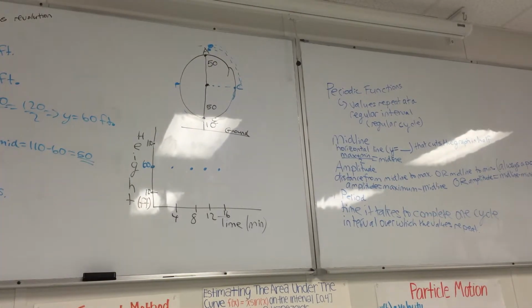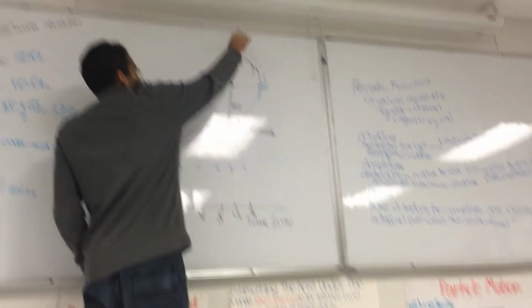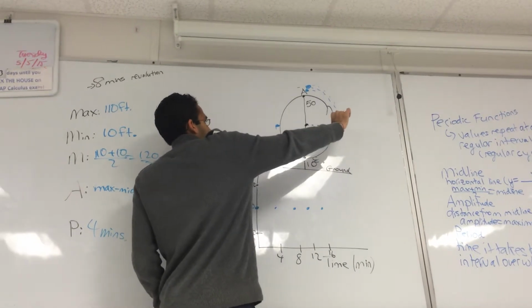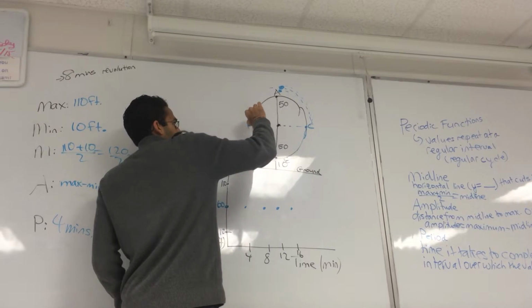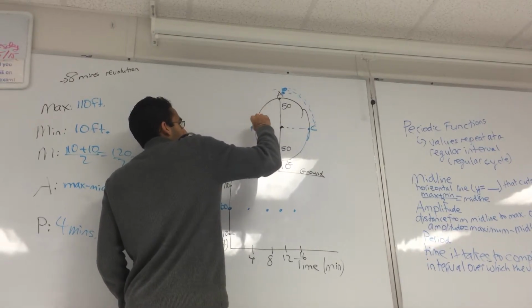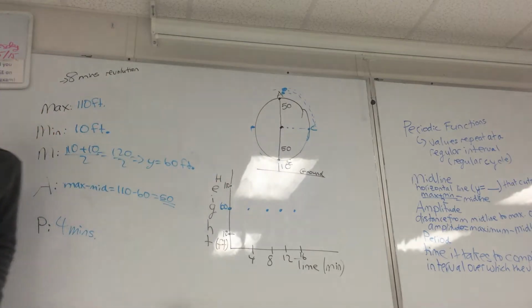Did that logic work? Carla? So 4 minutes to go all the way around. Does that work? So 2 minutes to go halfway around. Does that work? So therefore, 1 minute to go half of the half, or a quarter.